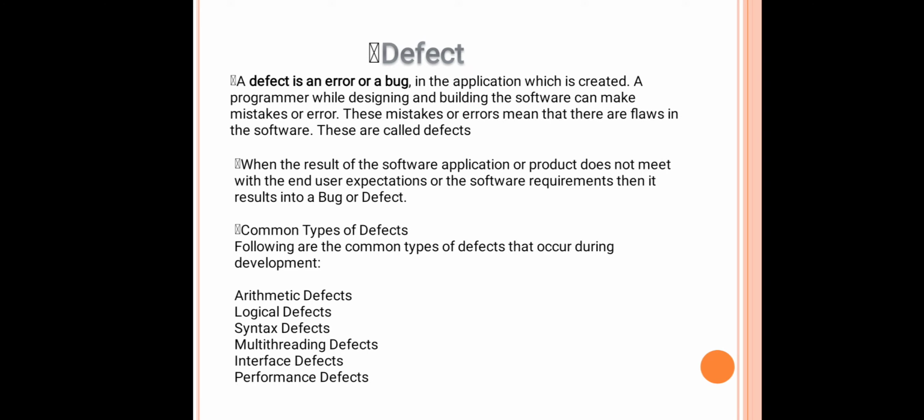Syntax defects mean if there are syntax errors in the coding part, that is called a syntax defect. Multi-threading defects mean if there is a multi-threading part in the program and some threading defect occurs, that is called a multi-threading defect. Interface defects are user related, and performance defects depend on your program. So this is all about bug, defect, fault and error.